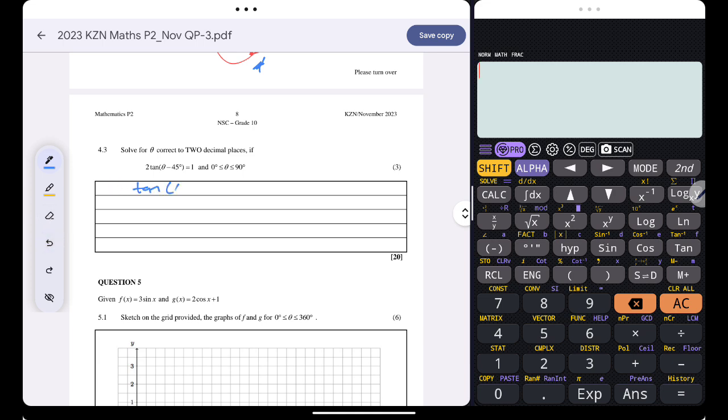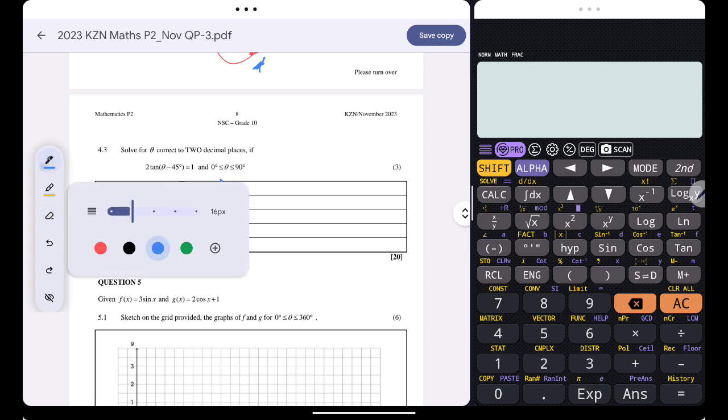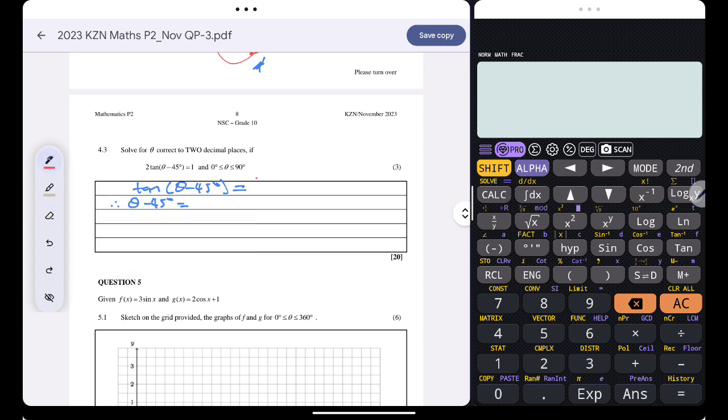I'll be left with tan theta minus 45 degrees is equal to 1, right? Excuse me guys, I divided both sides by 2. Let me write it in red. So I'll get 1 over 2, right?